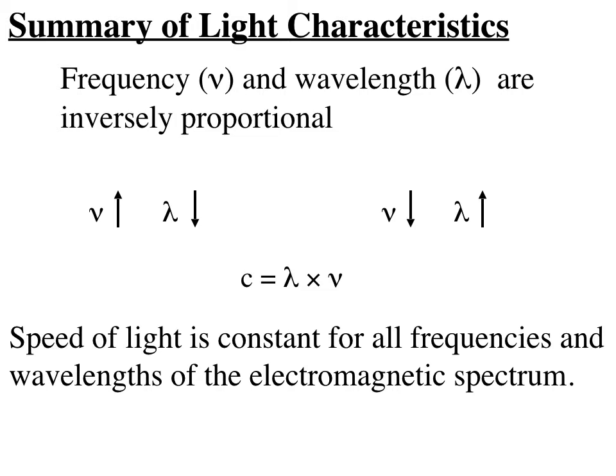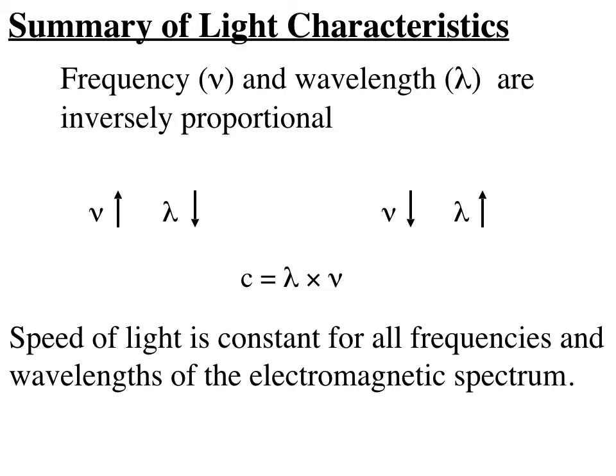So for any type of electromagnetic radiation, the product of its frequency and wavelength is constant. No matter what it is, if you multiply those two quantities together, you will always get the same number. So that number is one of the most important numbers in our universe. It is known as the speed of light.